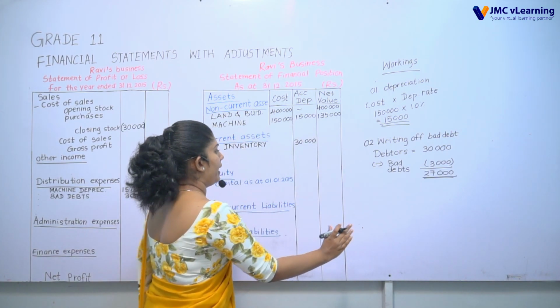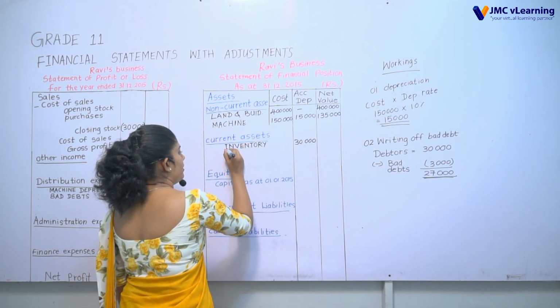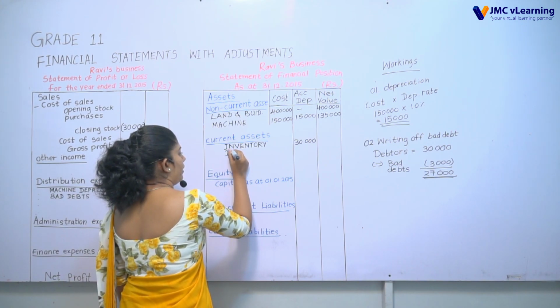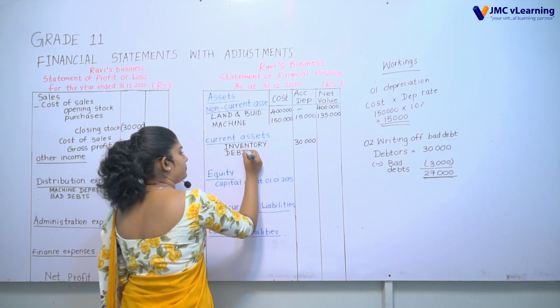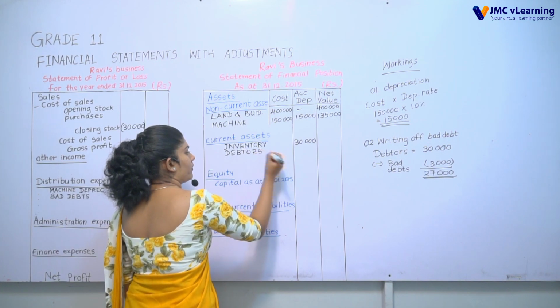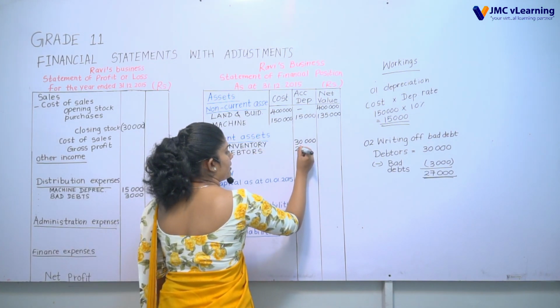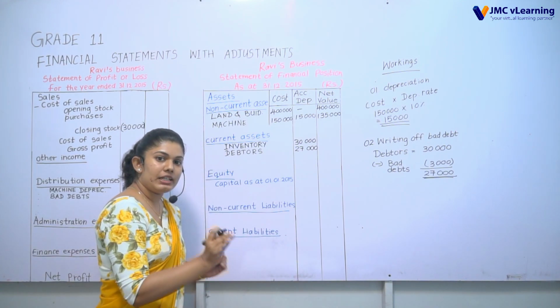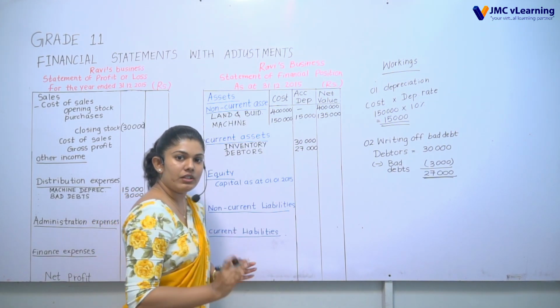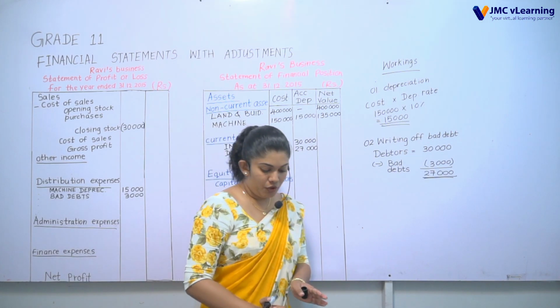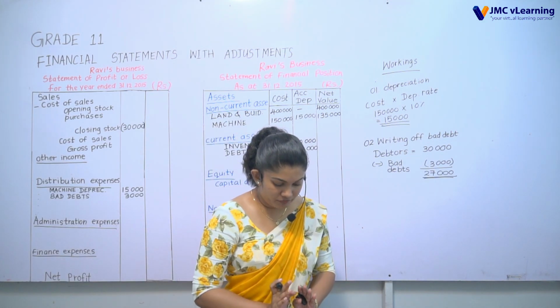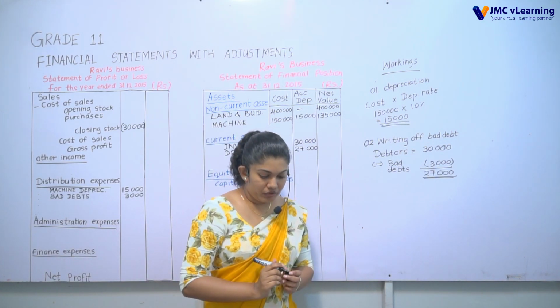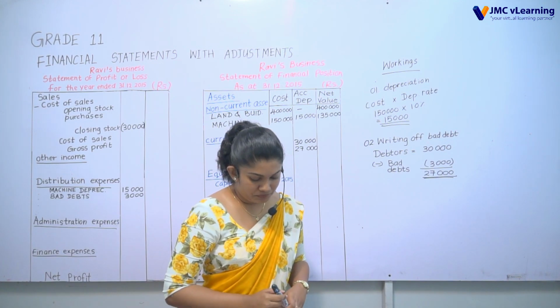That amount you can record here as debtors 27,000. Complete it then and there, then it will be very easy for you. Now we have already recorded the additional information, and we are moving on to the trial balance.